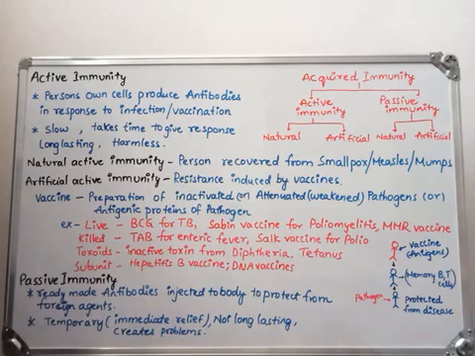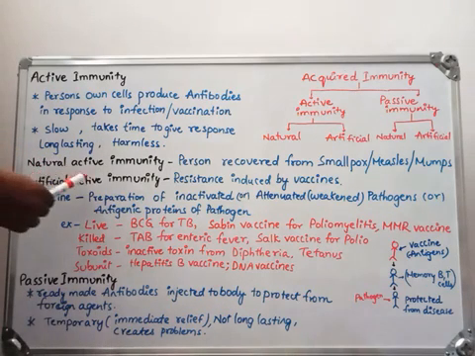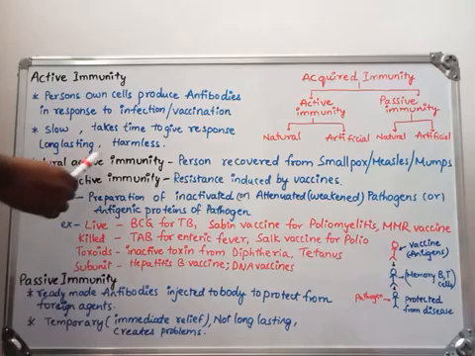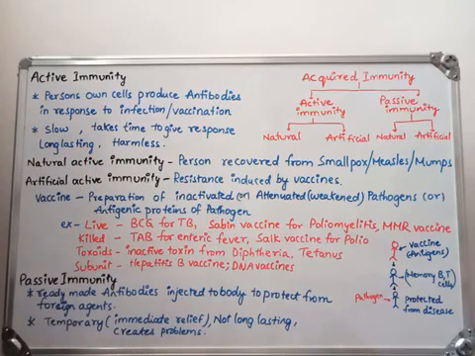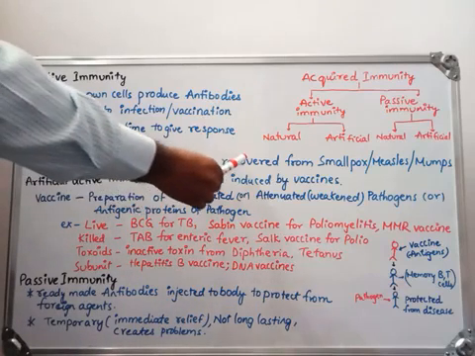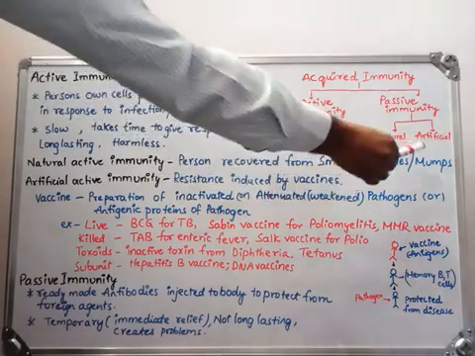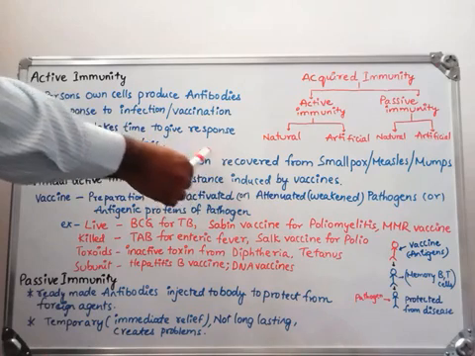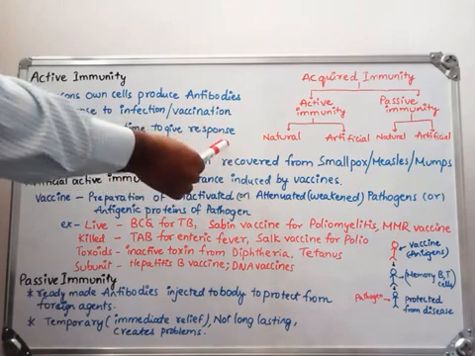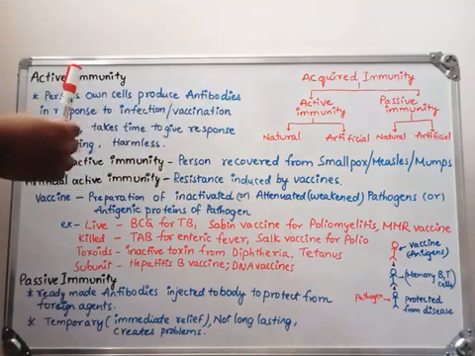The active immunity is divided into two different types, that is natural active immunity and artificial active immunity. Let us observe what is a natural active immunity first. When a person has recovered from diseases like smallpox, measles and mumps, the same person won't get the same infection subsequently. Why?